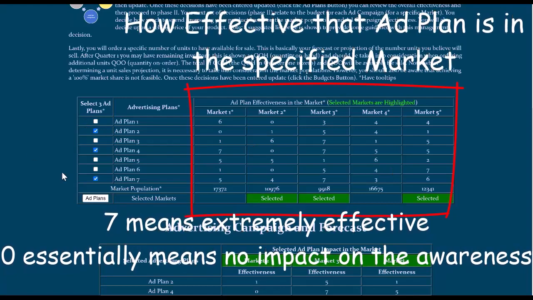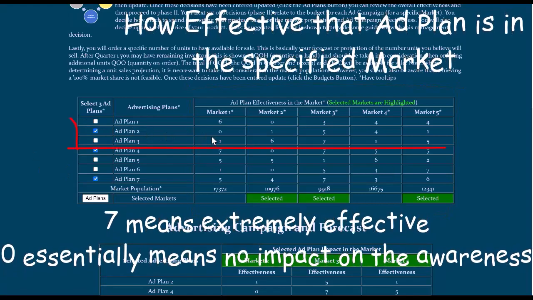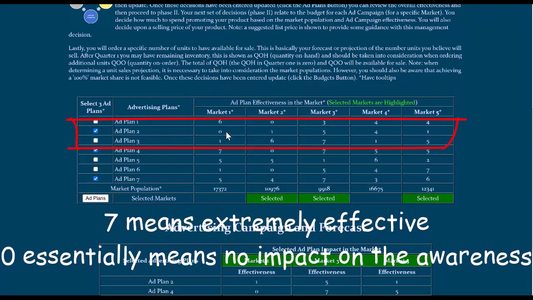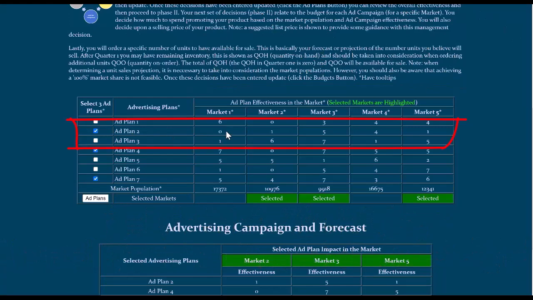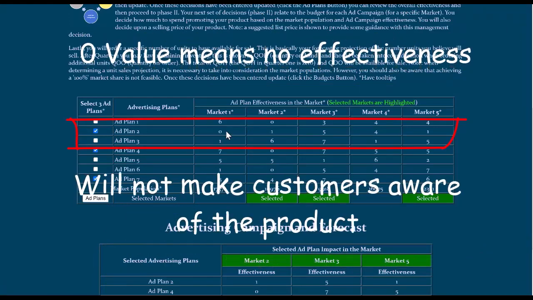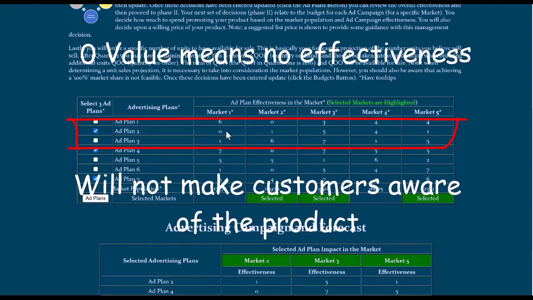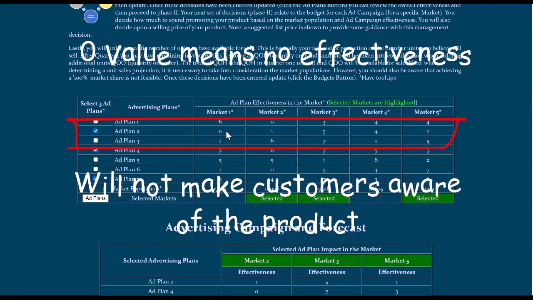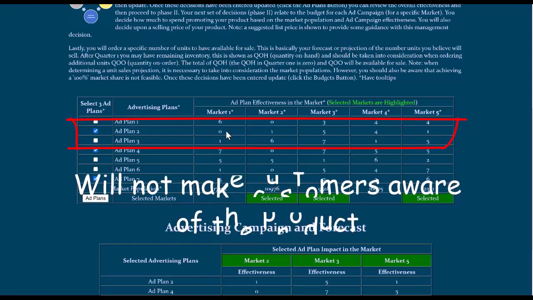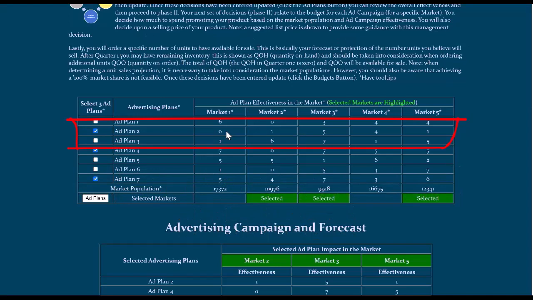For example, if we look at ad plan 2, we can see that in market 1, it has no effectiveness. What does this mean? This means irrespective of how much money we spend promoting in market 1 using ad plan 2, it will not add to the awareness of our population. They will not be aware of our product.